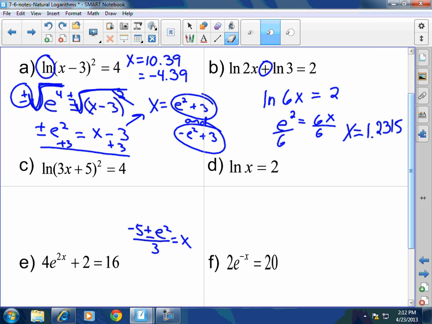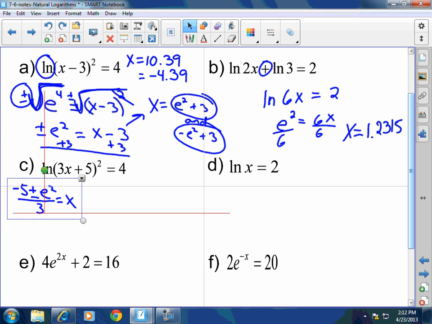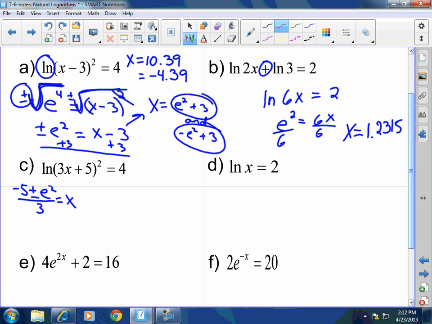Let's go ahead and move this over here. Basically, in my calculator, I'm going to break it up like this to make my life easy: negative 5 plus e squared over 3, comma, negative 5 minus e squared over 3. Hopefully that makes your life a little bit easier. So x is going to equal, I'm going to do it with you, negative 5 plus e squared divided by 3.